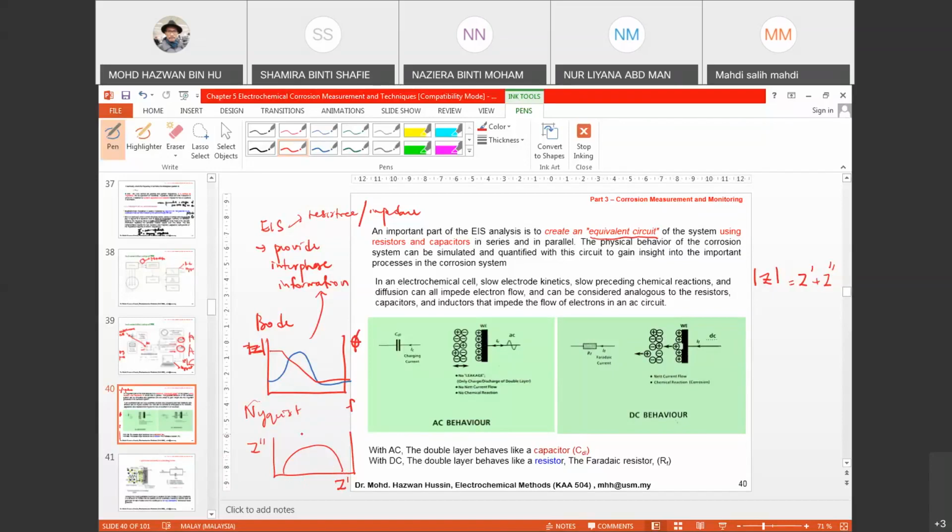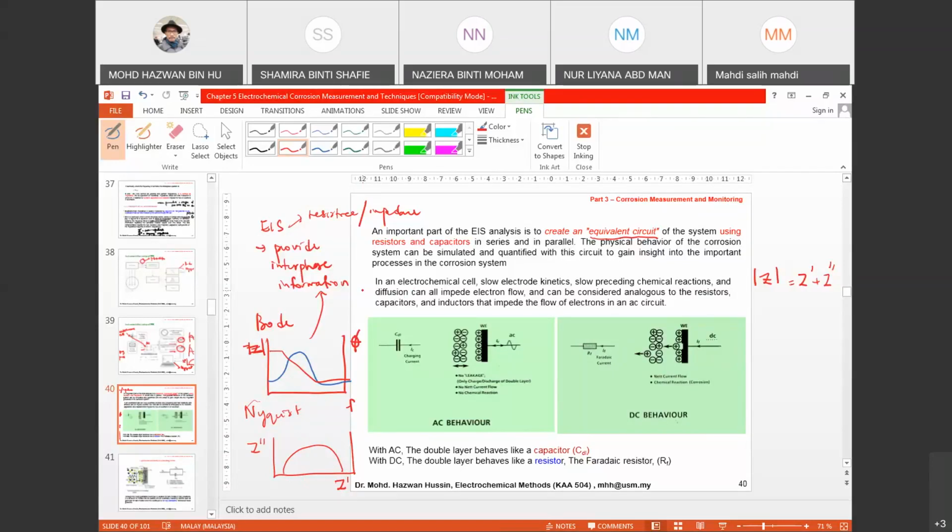Once you get the data, it is important to fit your data with a model. It is the same as when you do linear fitting, or maybe you have learned in 507 about adsorption isotherms. If you fit to a model, it explains the mechanism.